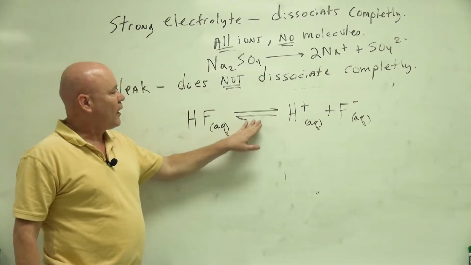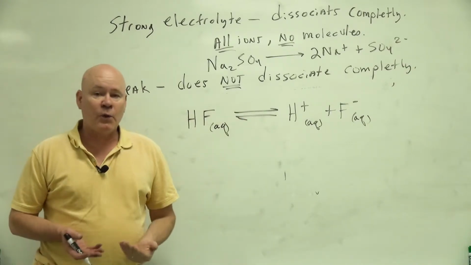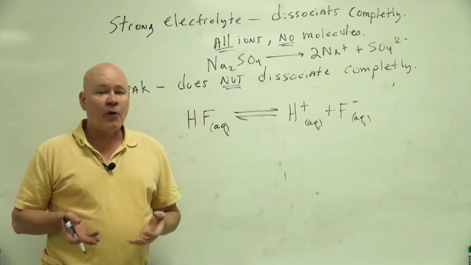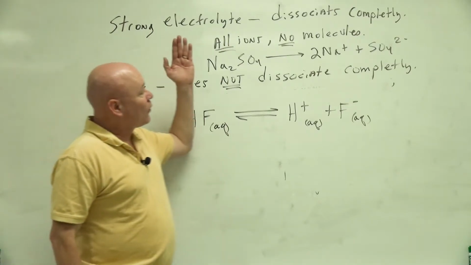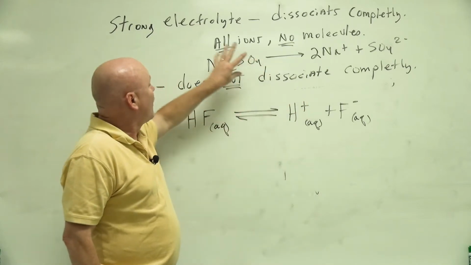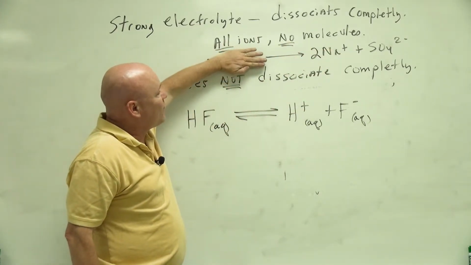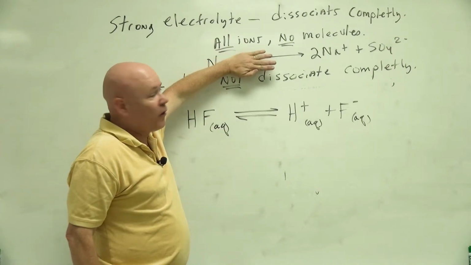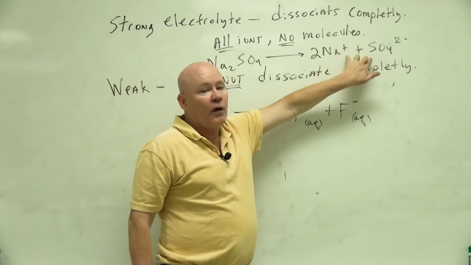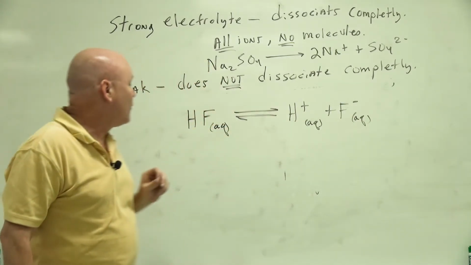And down here we have 2 arrows. Now this is very important. When we have an equation that has a single arrow, that means we're going completely to products. Means that after we've dissociated, there's none of this left, no starting molecules, and we're all over here. That's what a single arrow means.